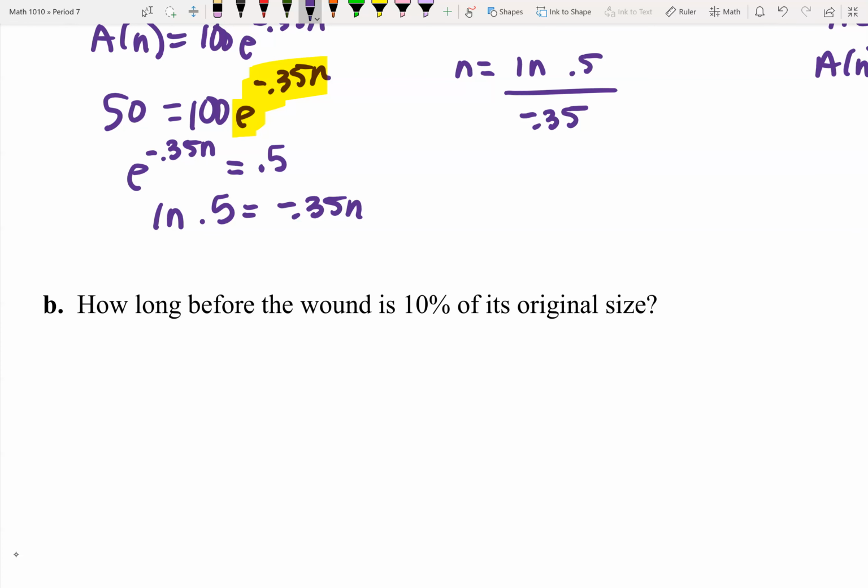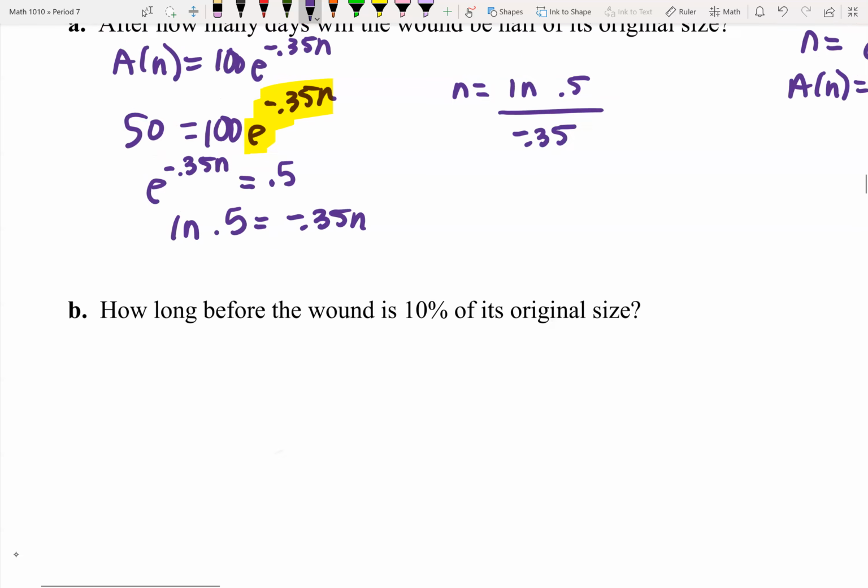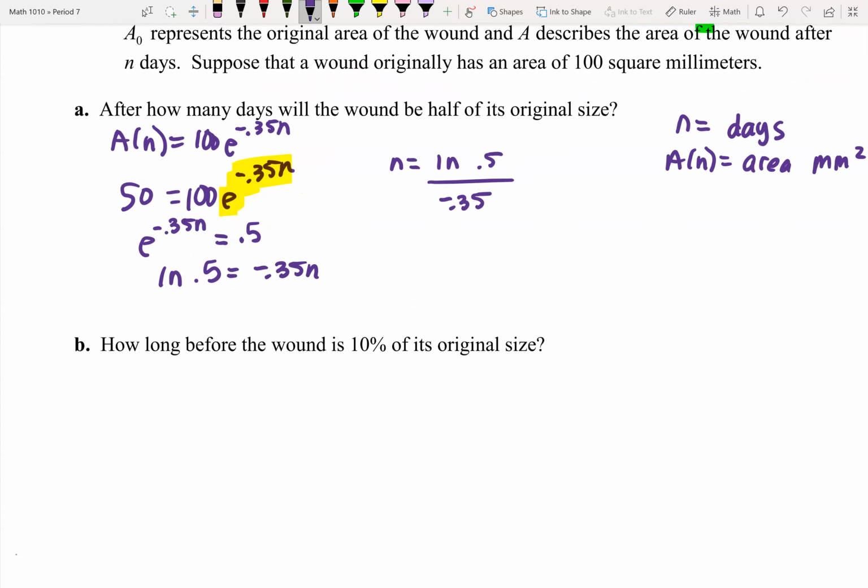Everybody go ln 0.5, close it, divided by negative 0.35, hit enter. Don't clear your calculator. Hold it right there. Let's say the directions told you to round it to 2 digits. So it would be 1.98. What's my label? Is it millimeters squared? It's days.